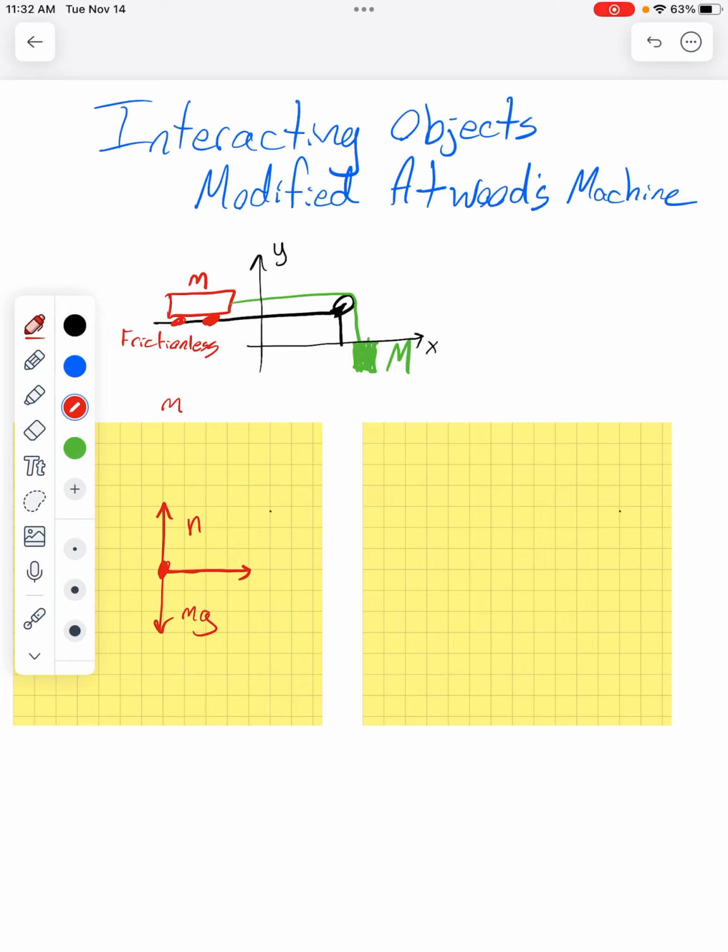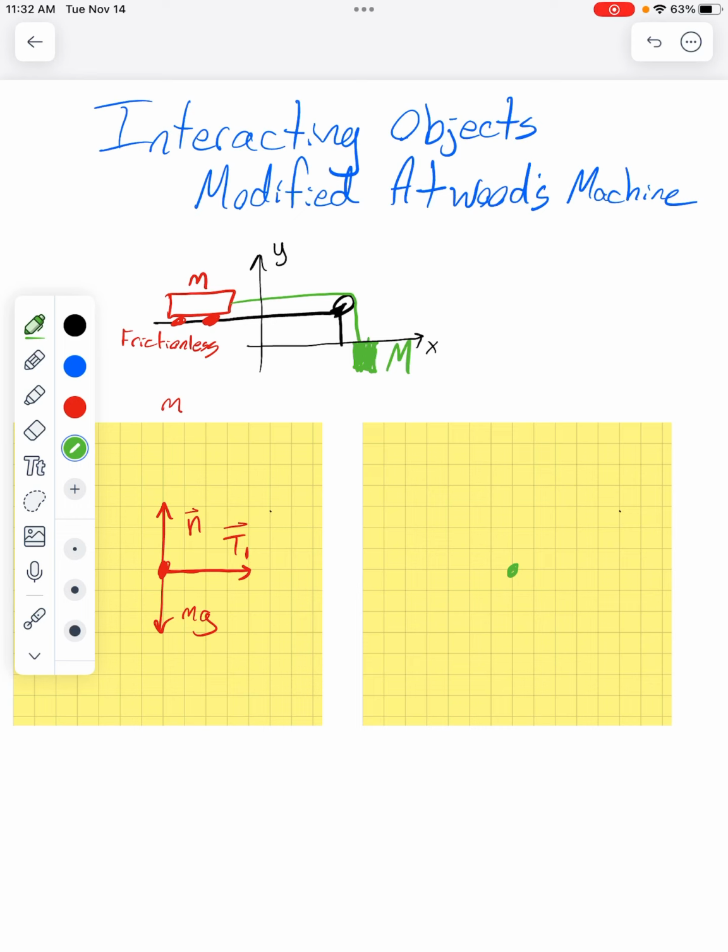I'm going to make that 4. Yeah, 4 is probably fine. And I'm going to call this T1. We don't actually need to put a subscript for the normal force, because there's not going to be another normal force, because this thing is just hanging.